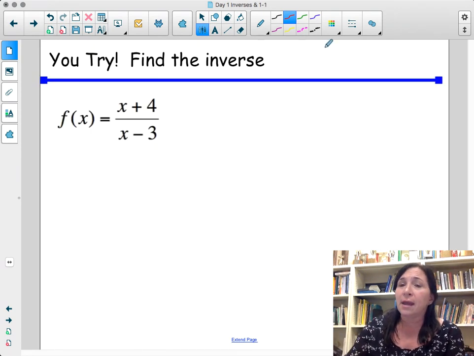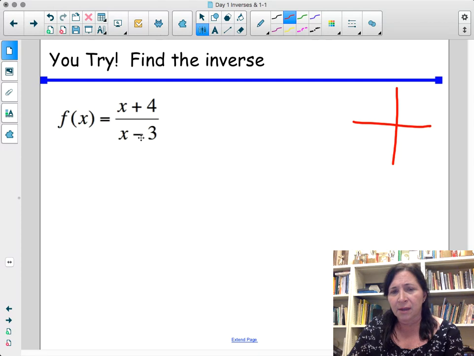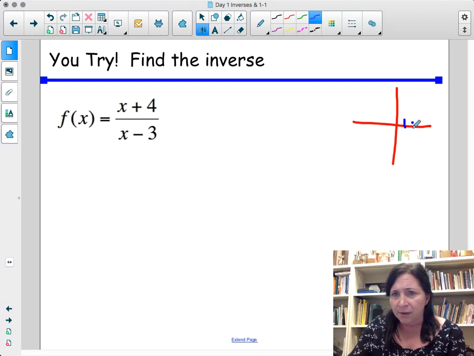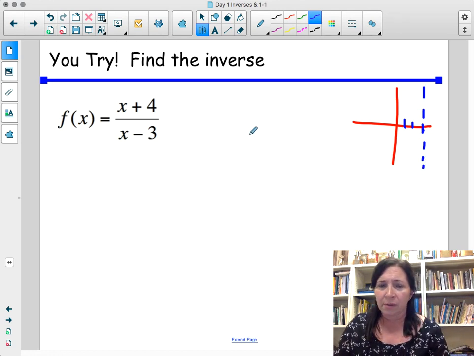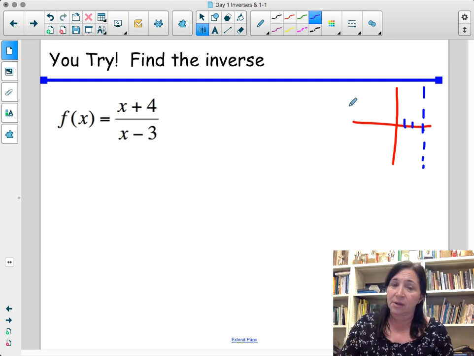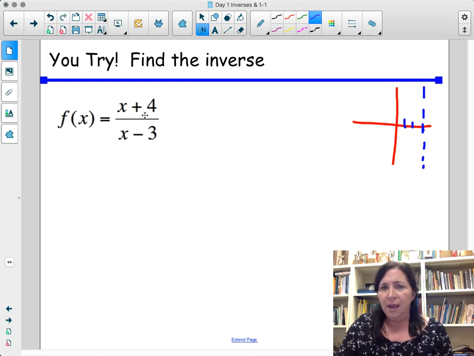Okay, so finding the inverse, let's do that. And let's just graph it first, okay? This shows me that I have a vertical asymptote at 3, and 2, 3. And if you watched all the videos from the previous chapter, which was on polynomials, rational equations, etc., lots and lots of material, you know that the vertical asymptote comes from here, and this is going to give me my x-intercept.